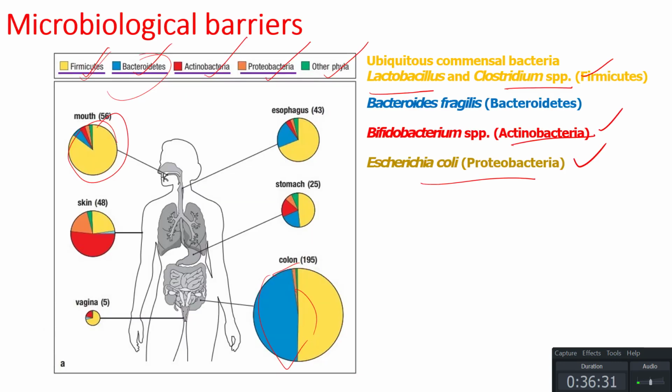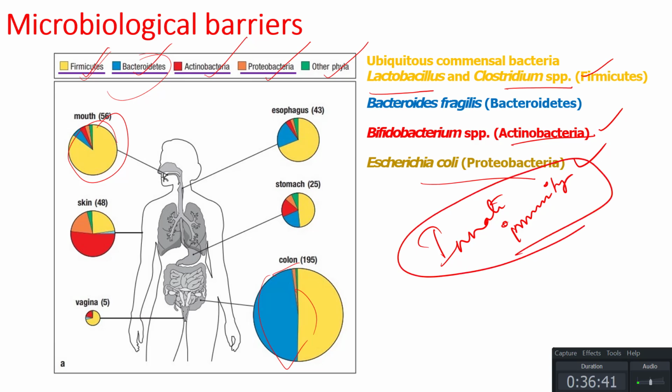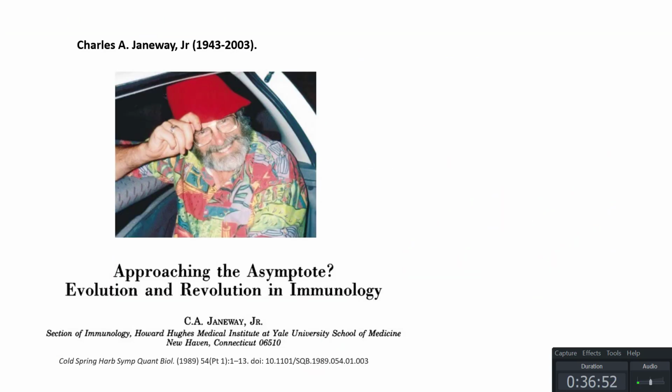So far we have seen all the mechanical barriers related to innate immunity. So multiple barriers are there, which do not have any kind of specific function. They have non-specific activity. Okay, and then Janeway started.